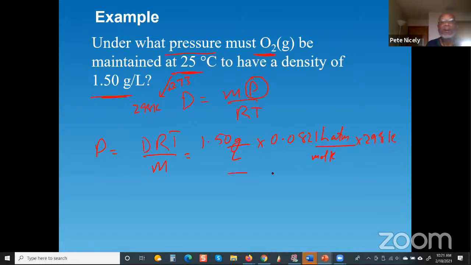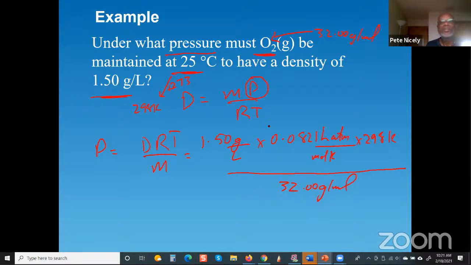And then we divide all of that by the molar mass. Now the molar mass of oxygen, if you look it up in the periodic table and multiply by 2, would be 32.00 grams per mole. So that will go down here, 32.00 grams per mole.